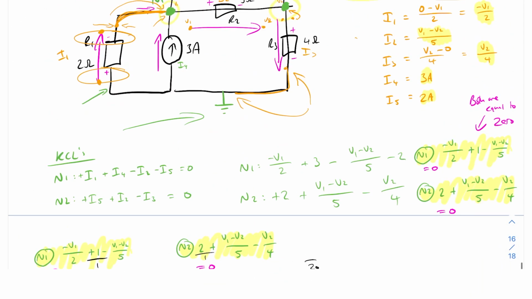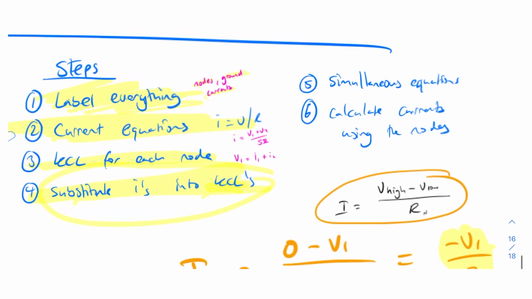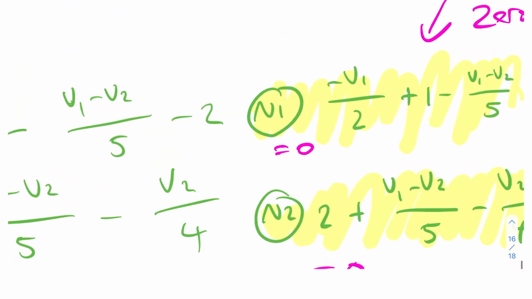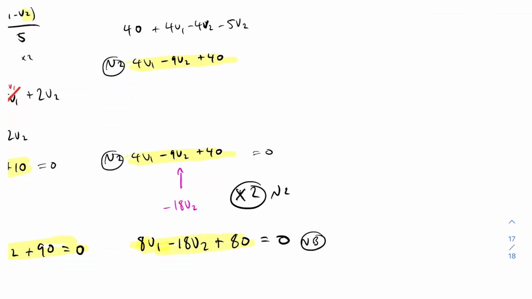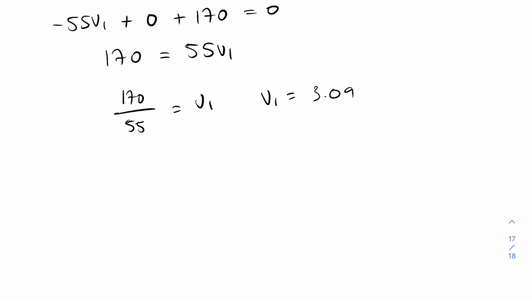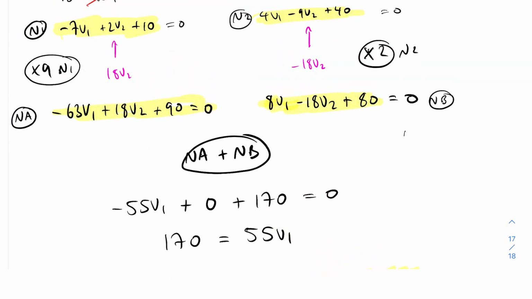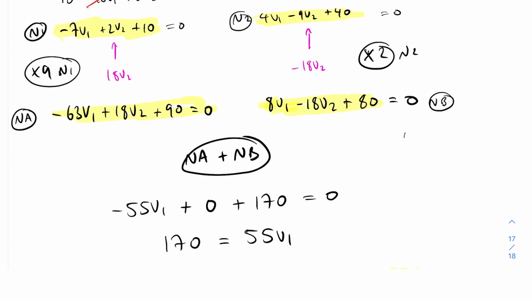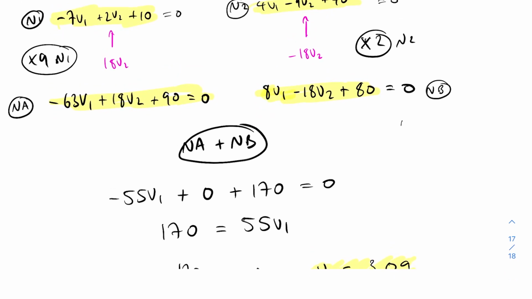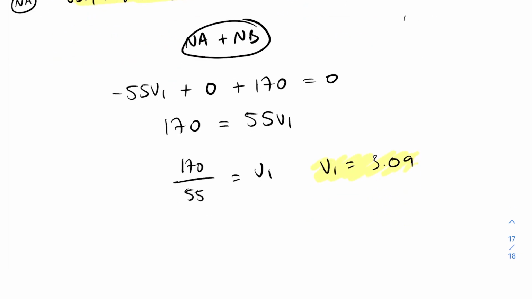Now we can just substitute. So we're still doing our simultaneous equation here, right? So we've got V1 now. Now we can just substitute in V1 into either N1 or N2. So we'll put it into N1.